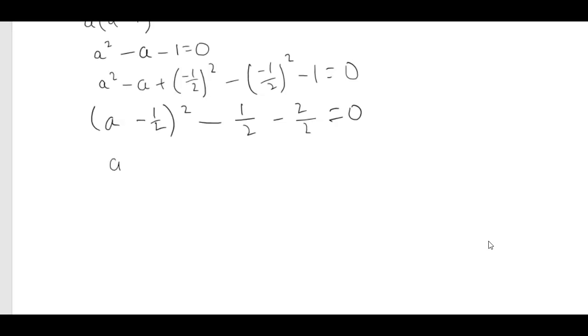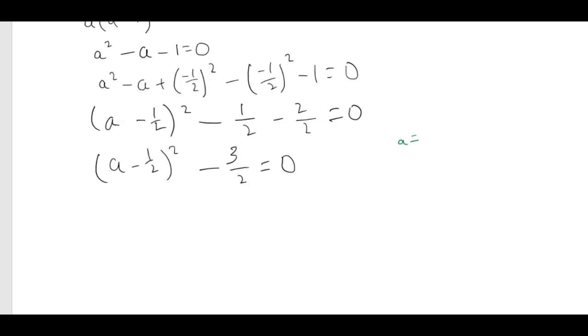All right, so let's just tidy it up a bit. So negative a half minus 2 on 2. So we've got the same denominator. So negative 1 minus 2 gives you negative 3. All right, and now we can solve using the difference of perfect squares. So I know we've already got a's, so let's use it.